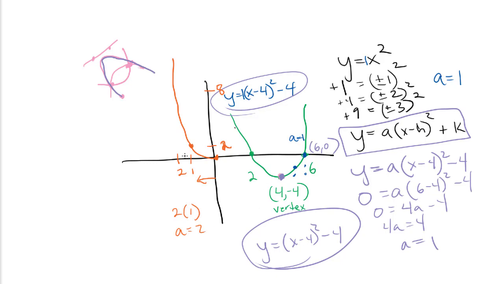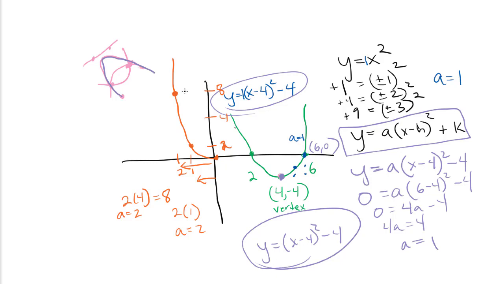Let's check that if I go over 2 to the left. Now I should go up 2 squared, which would normally be 4, but it actually looks like on this graph it's 8. Well, 2 times the normal x squared for the 2 offset would be 4. I'm doubling that. It's 8. So again, it looks like my a equals 2.